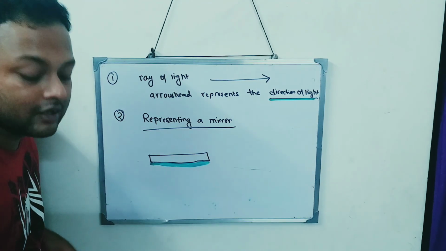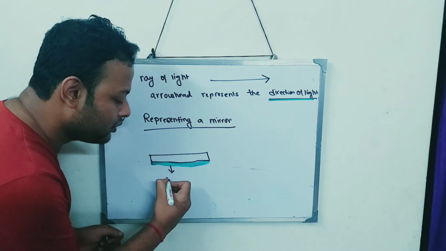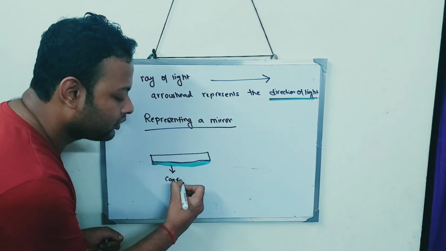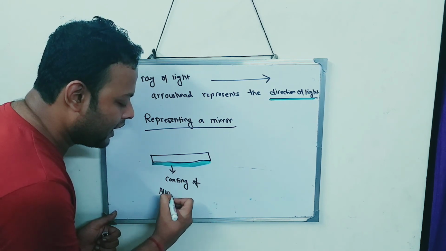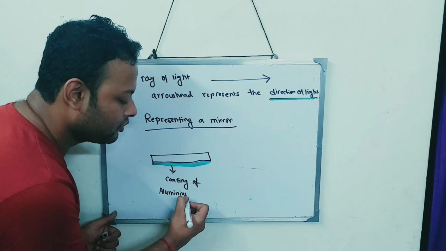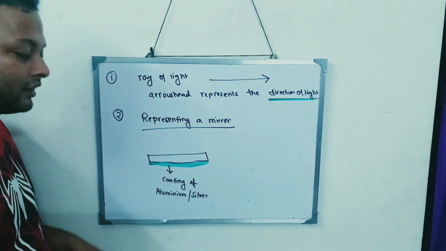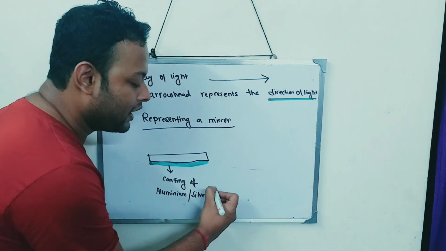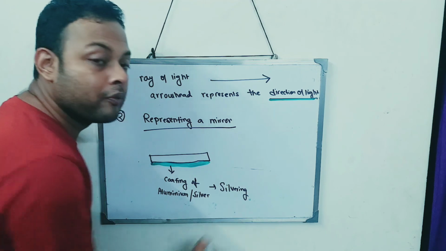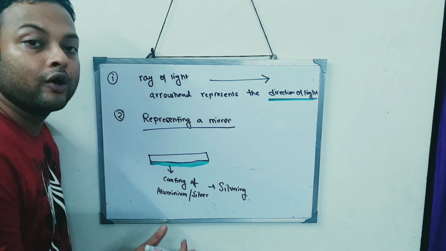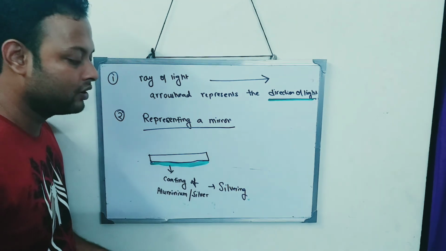So this bottom surface is coated with a layer of aluminum or silver, and this process is called silvering. So silvering is a process of coating one side of the glass with aluminum or silver.